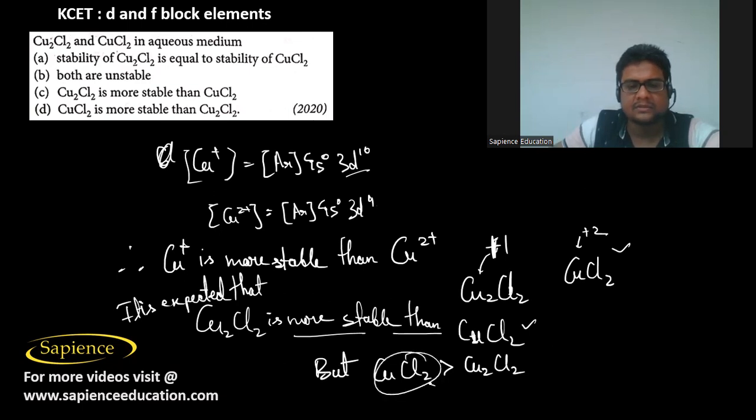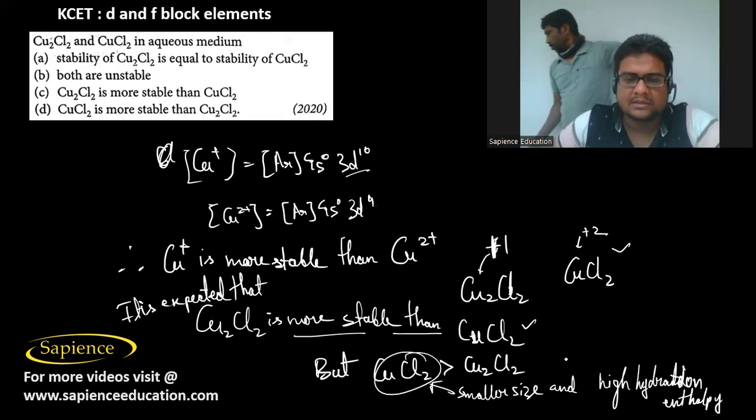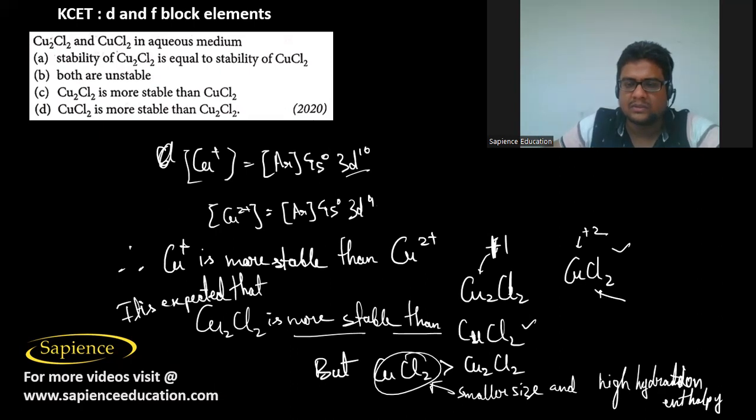since CuCl2 has got smaller size, and hence it has got high hydration enthalpy. Since the size of the cation is lesser, in CuCl2, Cu2 plus ion is used, whose size will be lesser.